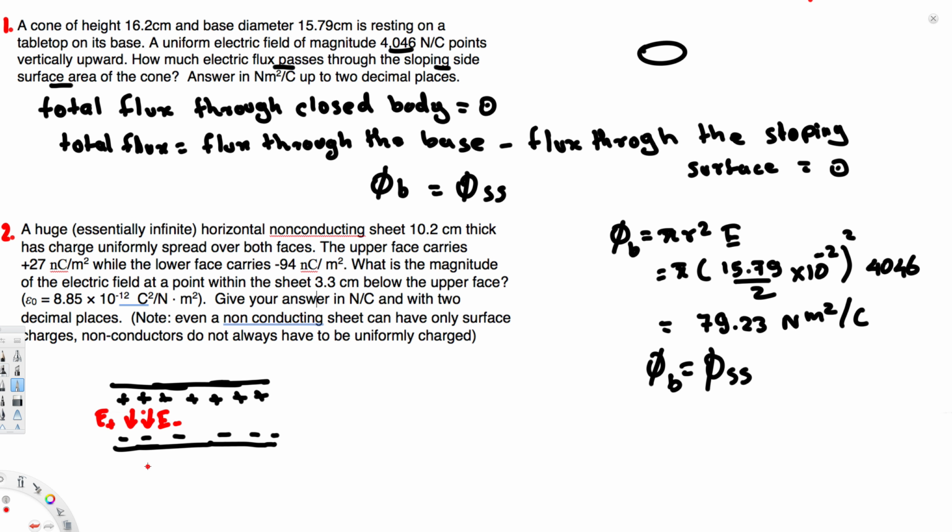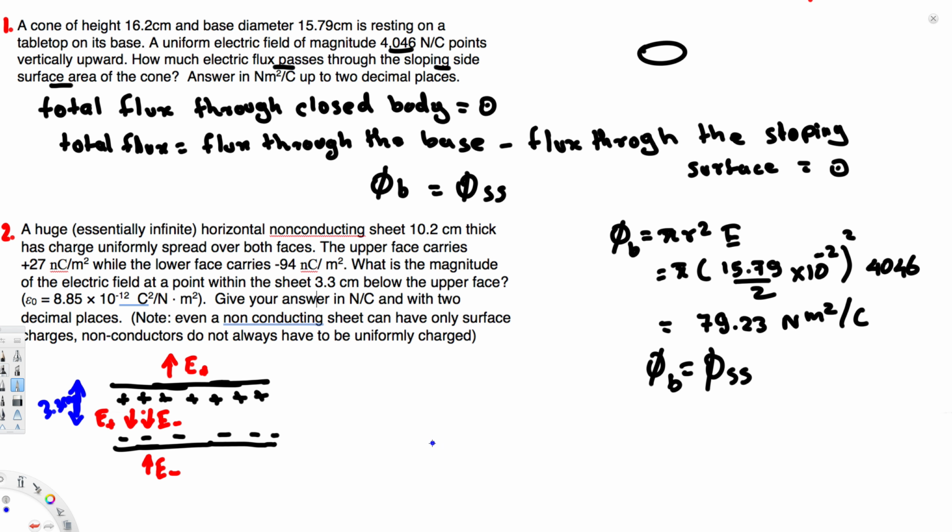In the outside it's also going to go like this, and for this one it's going to go like this, right? Now the question is asking to find out the electric field at 3.3 centimeter from the above surface, from here.